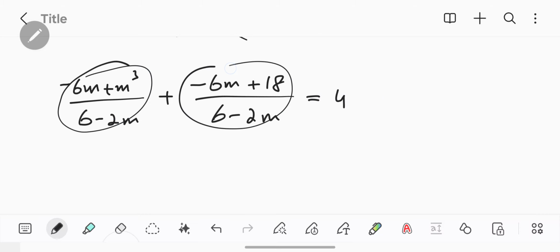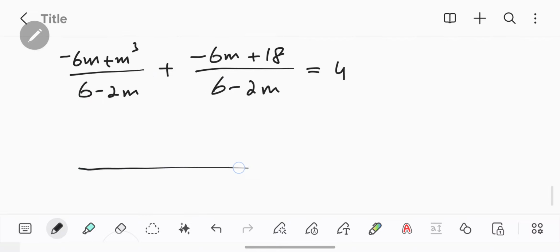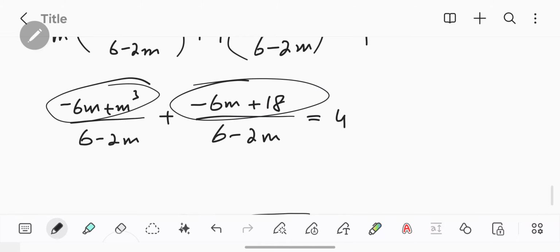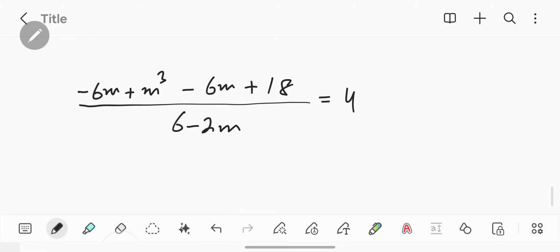Since both terms have the same common denominator, which is 6 minus 2m, I will write 6 minus 2m because it is the common denominator. Then I will add the numerators of both, which is minus 6m plus m cube plus minus 6m plus 18, and this is equal to 4, so I will write here 4.